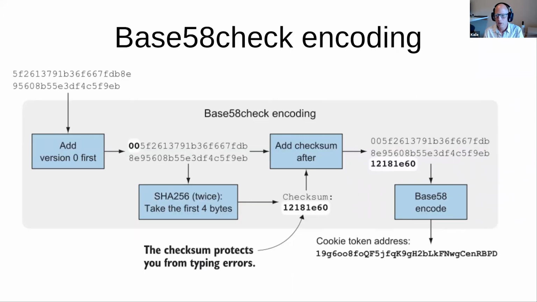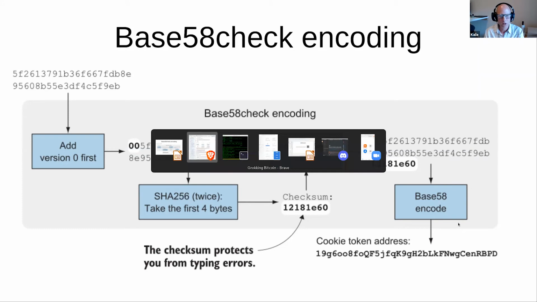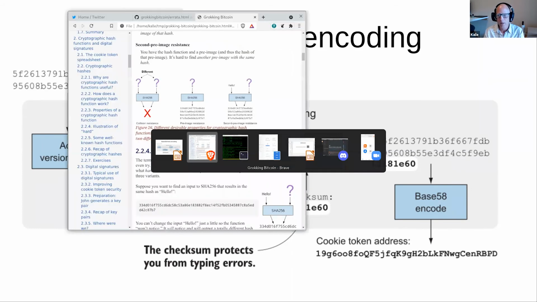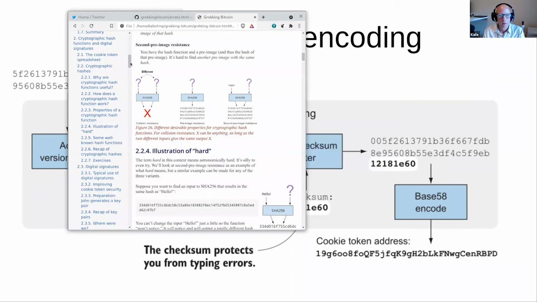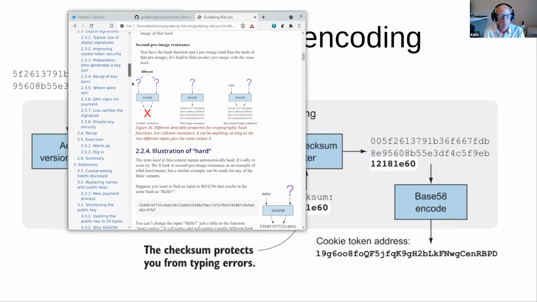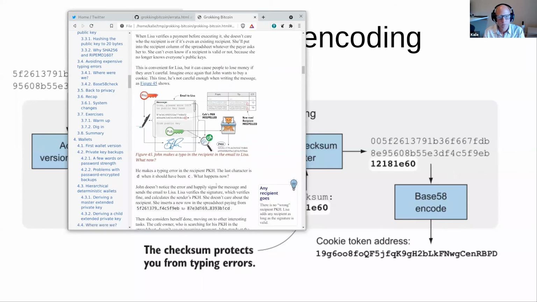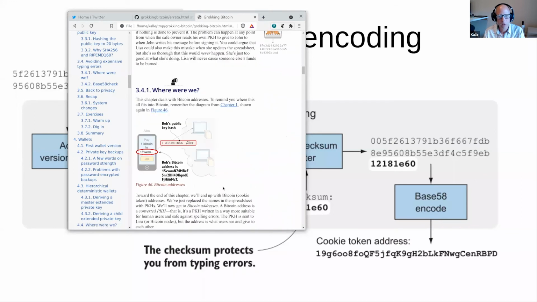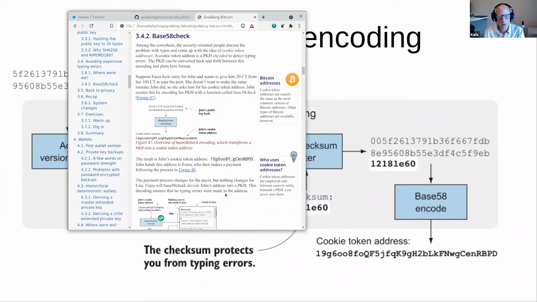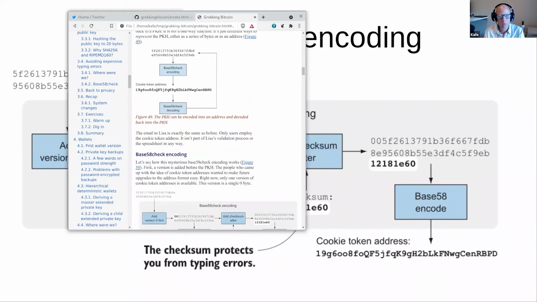I haven't put this in the slides, but the interested student can check out the base 58 algorithm in the book. It's right here. It's figure 51.